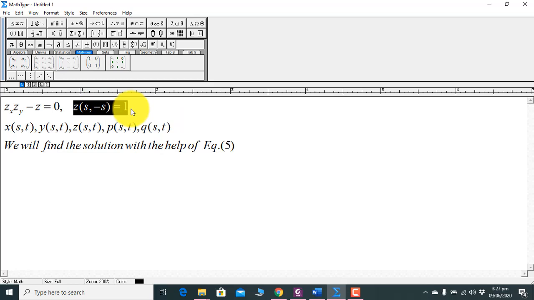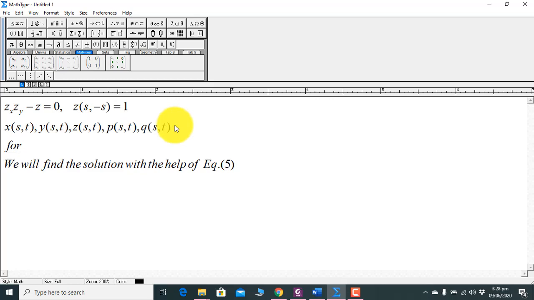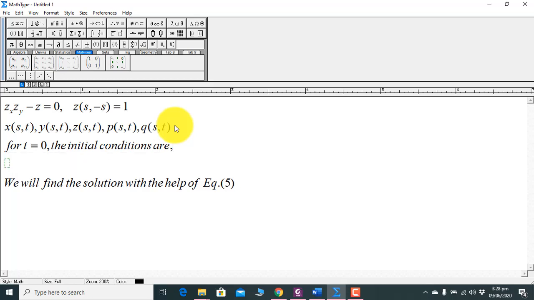From that curve we can easily write the solution for t equal to 0, the initial conditions. For the given particular curve, or characteristic curve, we try to find the initial conditions from the initial curve. So what is x of s comma 0?